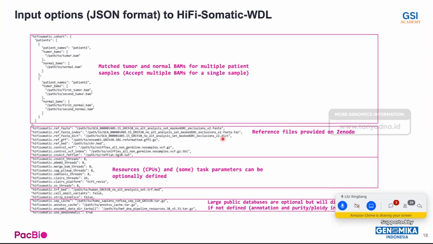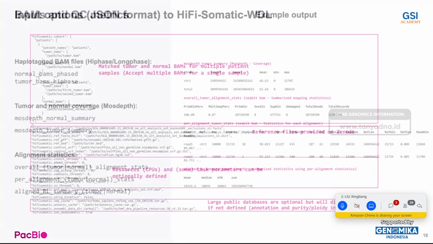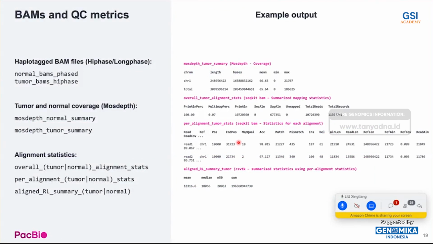You just download and unzip them, so everything will be ready to go. After that, you can also tweak some task-specific parameters, but usually the defaults will be good enough for most users.